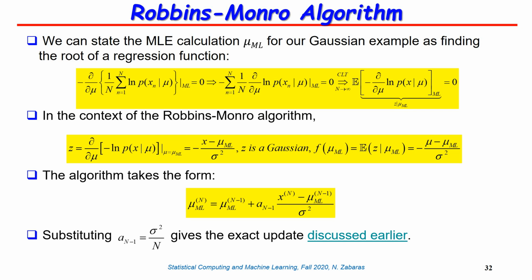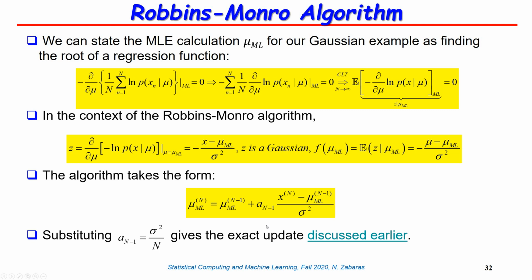You can check that 1 over n satisfies the properties of the Robbins-Monro algorithm. And if you use this learning rate, effectively this update becomes exactly equivalent to the iterative update that I gave you before that was exact.